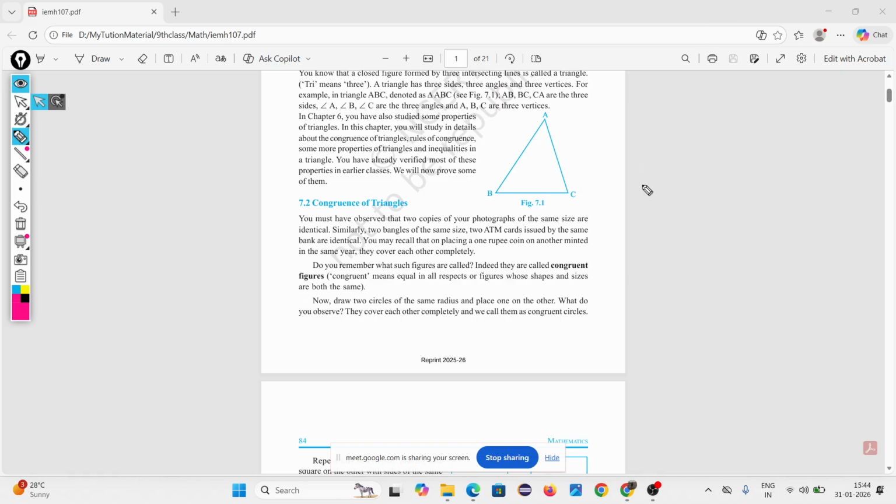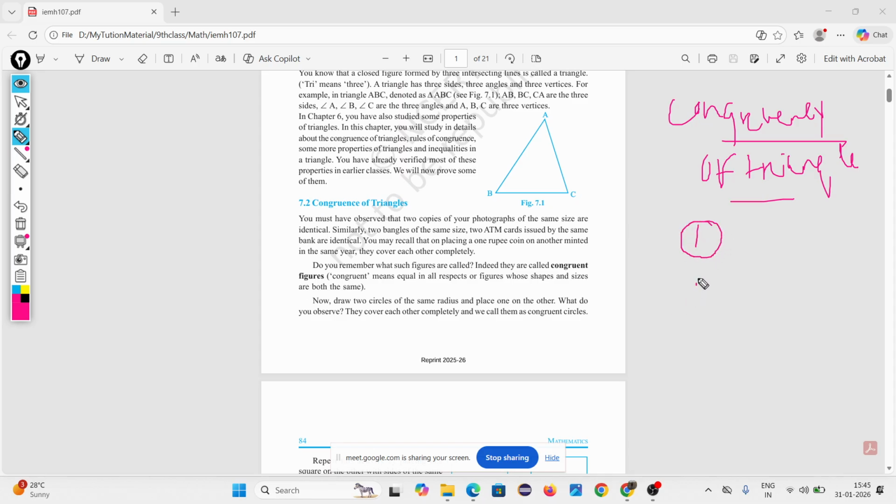Then congruency of a triangle. Look, I can prove two triangles are congruent by 3 ways.